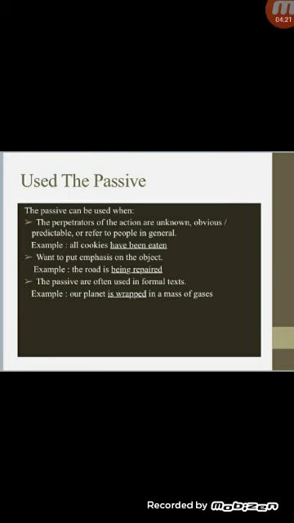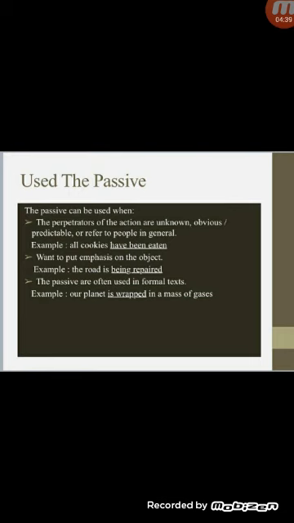Example: all cookies have been eaten. Next, when we want to put emphasis on the object. Example: the road is being repaired.